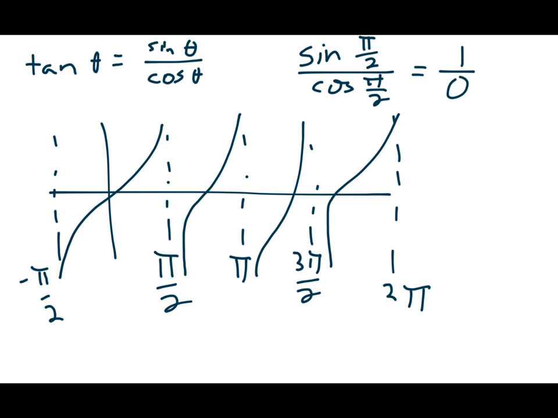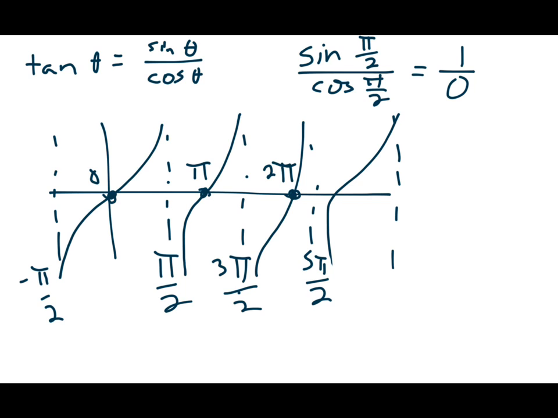This was 3 pi over 2. And this one right here was 5 pi over 2. So it crosses at 0, pi, and 2 pi, and it keeps repeating, because at pi and 2 pi, it's 0 over 1, which is just 0.